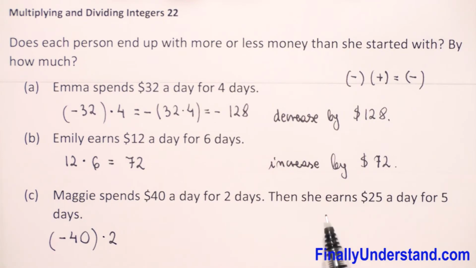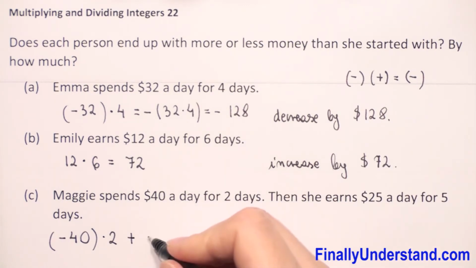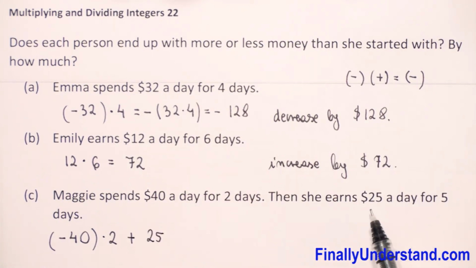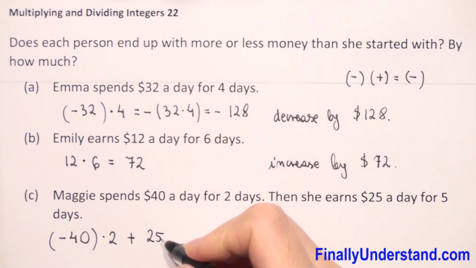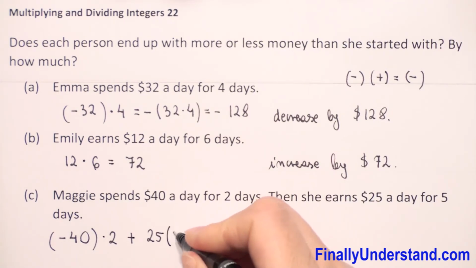And next, because she earns, we now add $25, and she earns this $25 a day for 5 days. So we have to multiply 25 times 5.